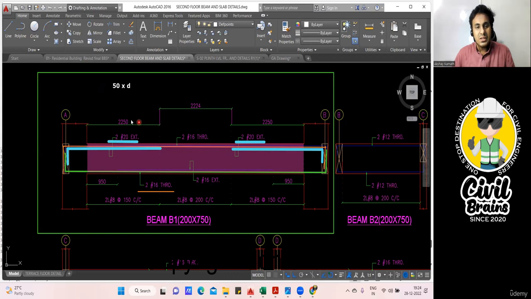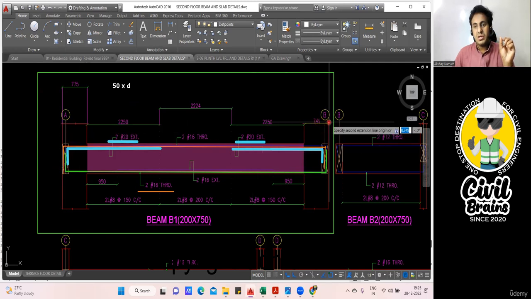This length is 2250 from the inner side of your column. The size of the column, I don't know, so I'll measure it from here. You can do all these things, but still I'm explaining. By this time you should know all this. My size of the column is 775. From 775, I'll deduct a cover of 40 mm from this side.